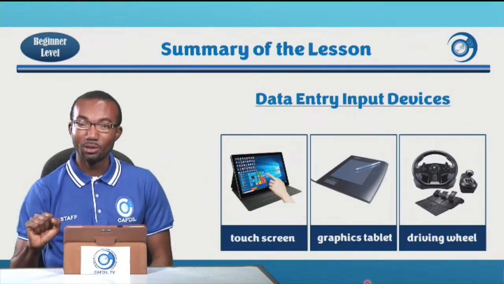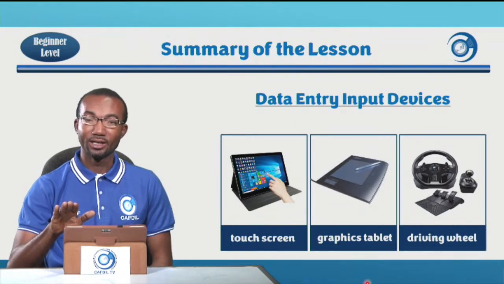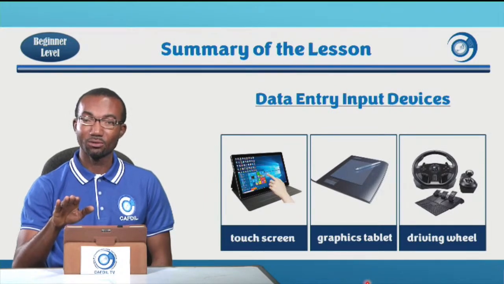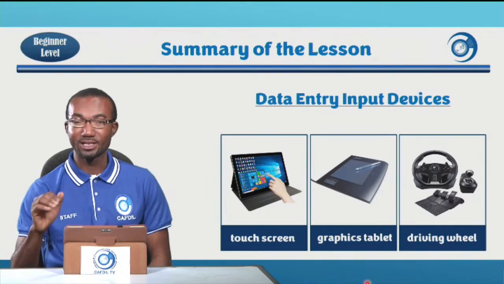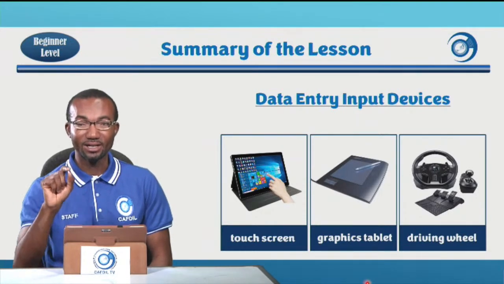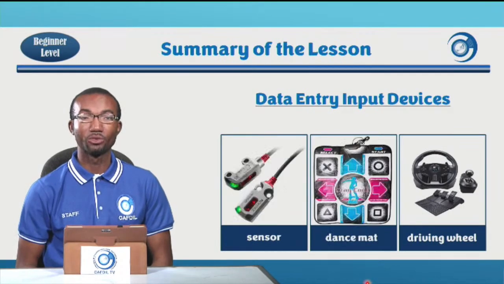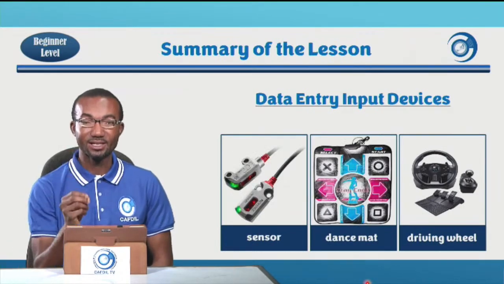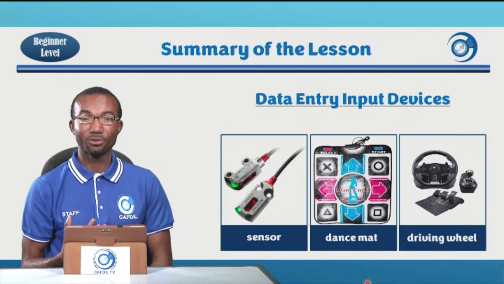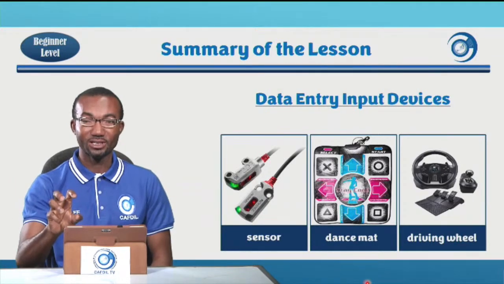So if I put it in gear 1, and if it's a manual gear, and then press on the clutch, release it small, come to the accelerator, then I'm sending information into the computer system that the car should start moving. So they also send information into the computer system. We have the sensors. They collect information from the physical environment and send it to the computer system.